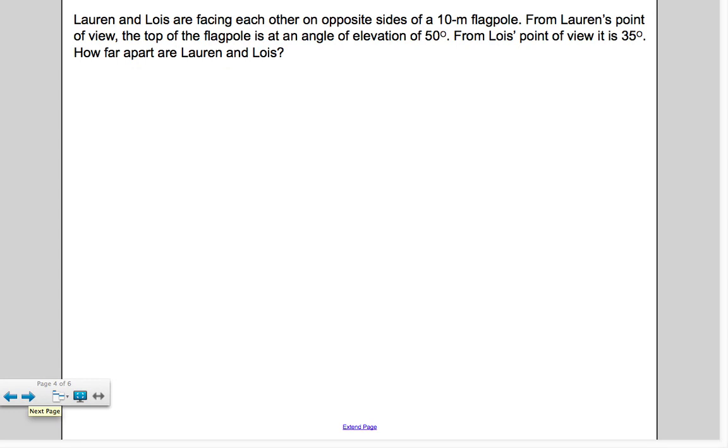Lauren and Lois are facing each other on opposite sides of a 10-meter flagpole. From Lauren's point of view, the top of the flagpole is at an angle of elevation of 50 degrees.